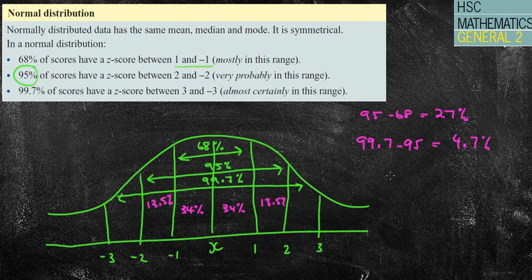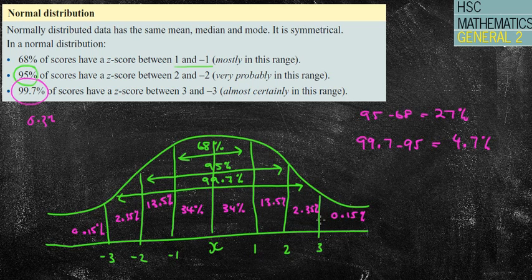So again, if I halve that, we get 2.35% and 2.35%. And then if I look at the little bits left over from 3 standard deviations, that's what's left over from 99.7, which is 0.3%, which again, half that would be 0.15% and 0.15%.